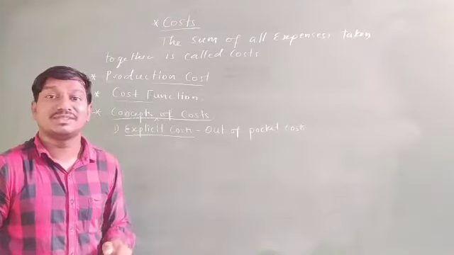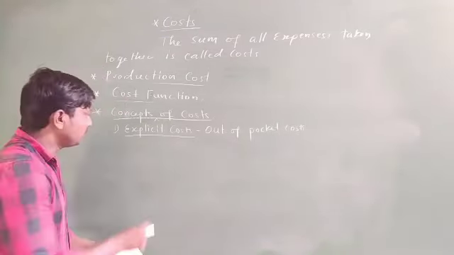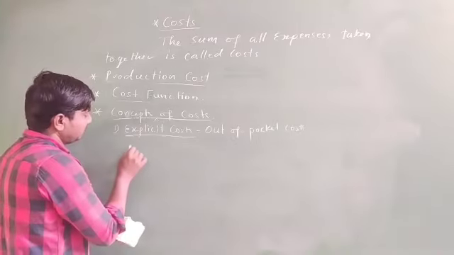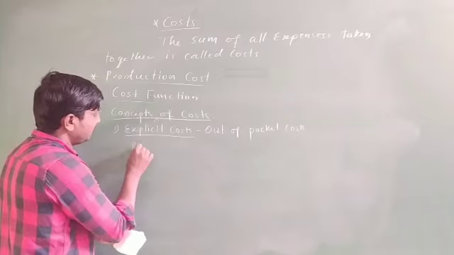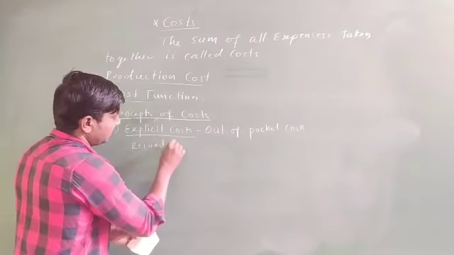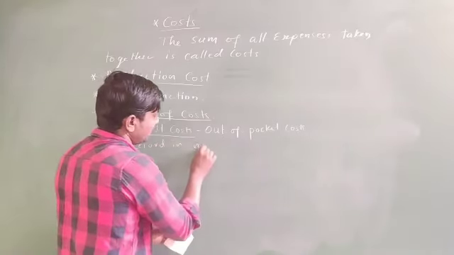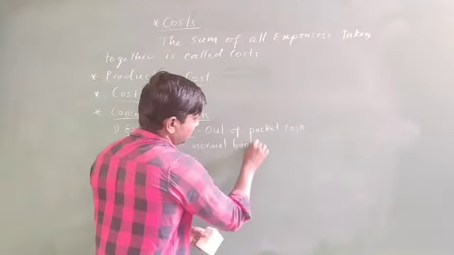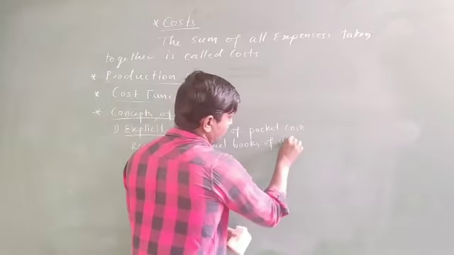We are going to call them explicit cost. And usually these costs are recorded in the normal books of accounts.